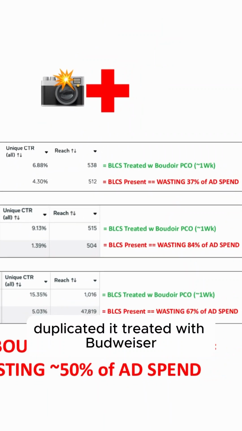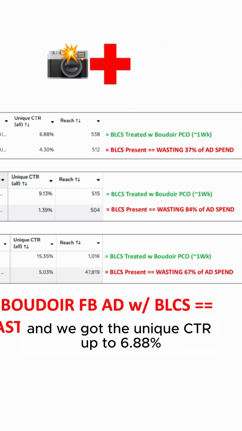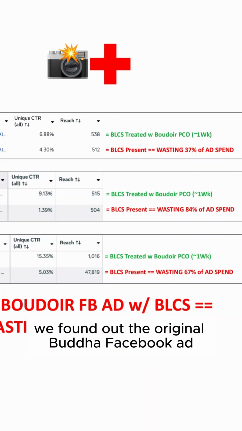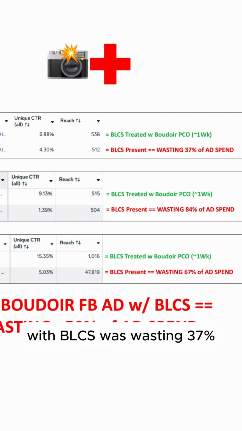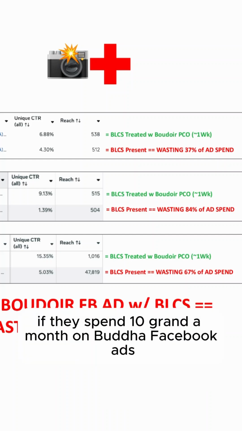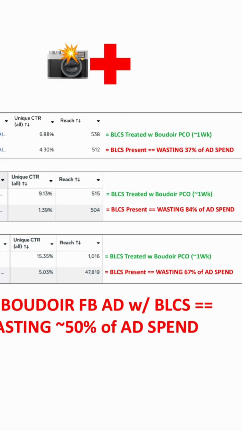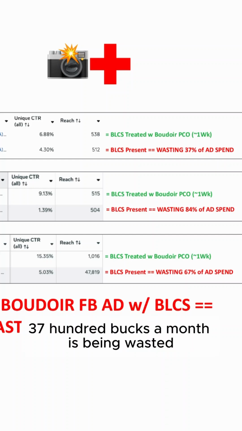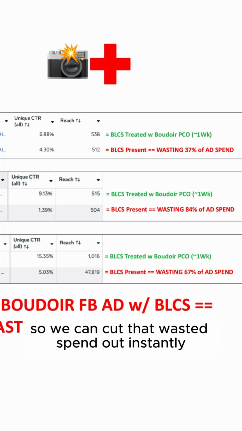Duplicated it, treated with Boudoir Pico, took about a week, and we got the unique CTR all up to 6.88%. So that means we found out the original Boudoir Facebook ad with BLCS was wasting 37% of their ad spend. So if they spend 10 grand a month on Boudoir Facebook ads, then we actually know that 3,700 bucks a month is being wasted. So we can cut that wasted spend out instantly.